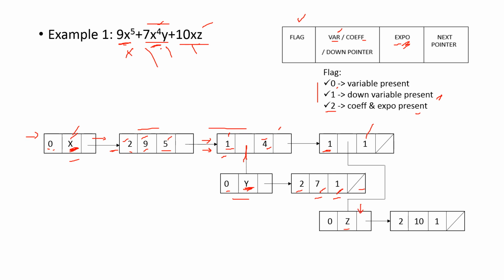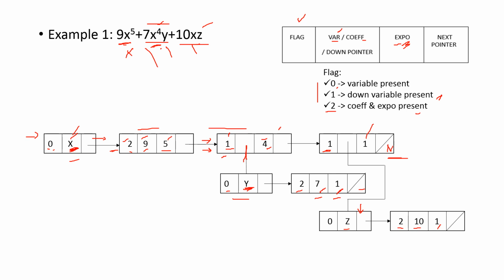And then no other variable. So flag 2, coefficient is 10, and the exponent of z is 1. And the terms have been finished here, right? So here we are introducing a null pointer. So hope this is okay.